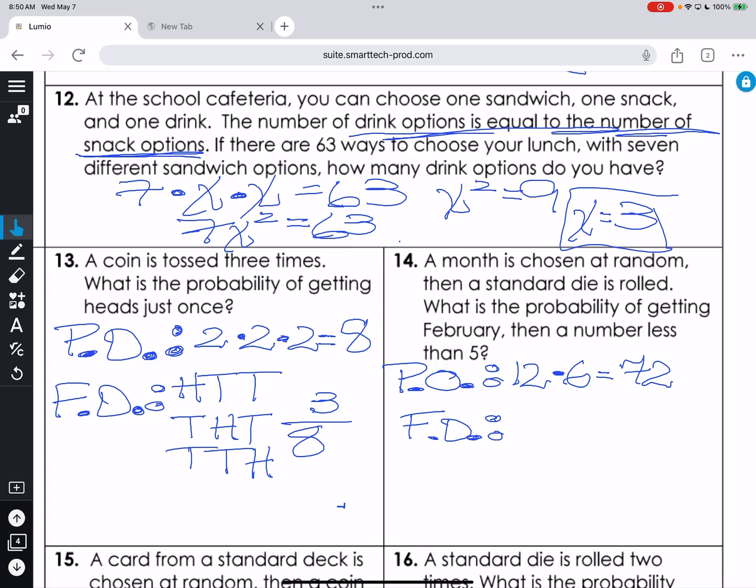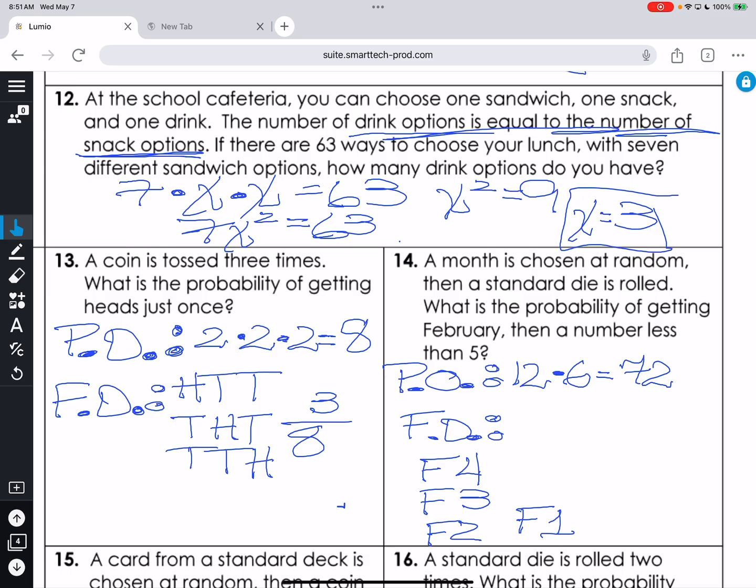So if we have February, and then the probability of getting a number less than 5. We could have a 4. What else could we have? We could have a 3. We could have a 2. We could have a 1. So we could have February with a 4, or a 3, or a 2, or a 1.